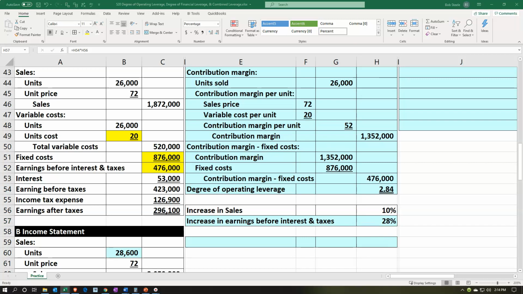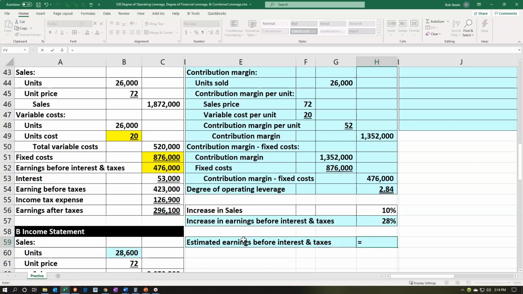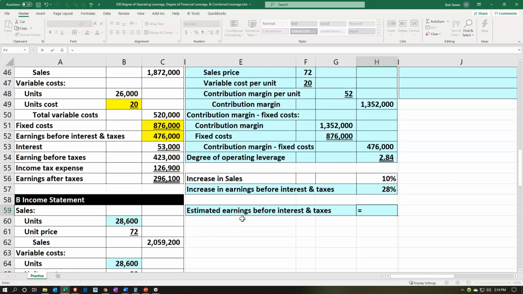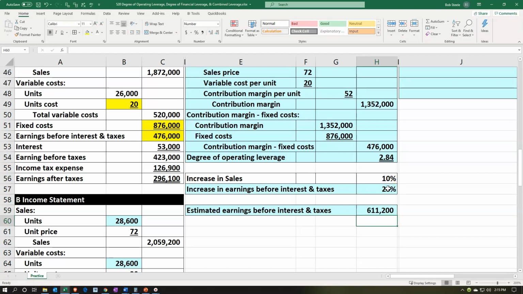So then let's think about, all right, if there's a 10% increase, then what's the estimated earnings before interest and taxes? We're going to say it's going to be equal to, here's the earnings, and then this times 1 plus the 28%, that's what we think is going to be the increase, and that's going to be 611,200.